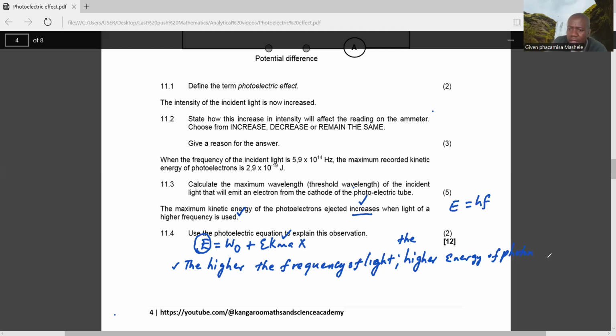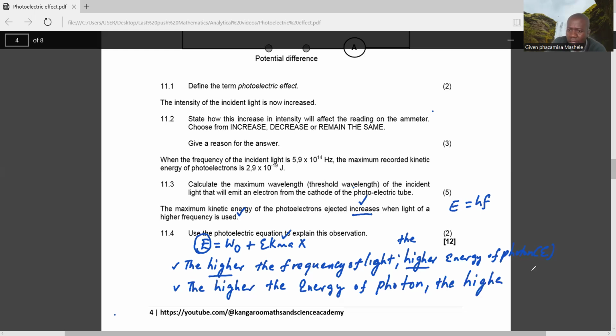If the frequency of light becomes higher, it means the energy of the photon will also be higher. And as a result, the higher the energy of the photon, the higher the kinetic maximum.